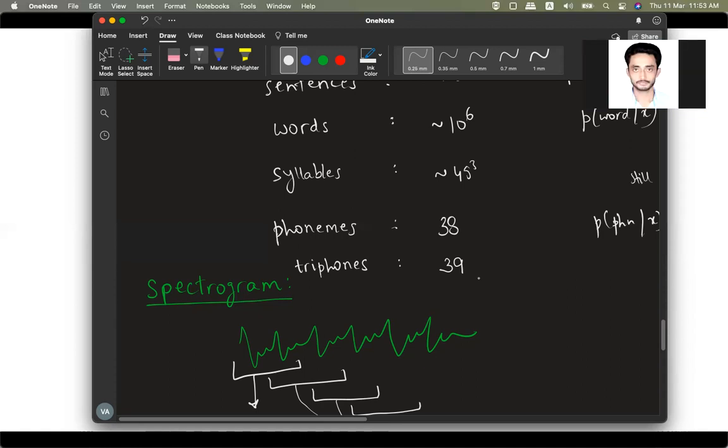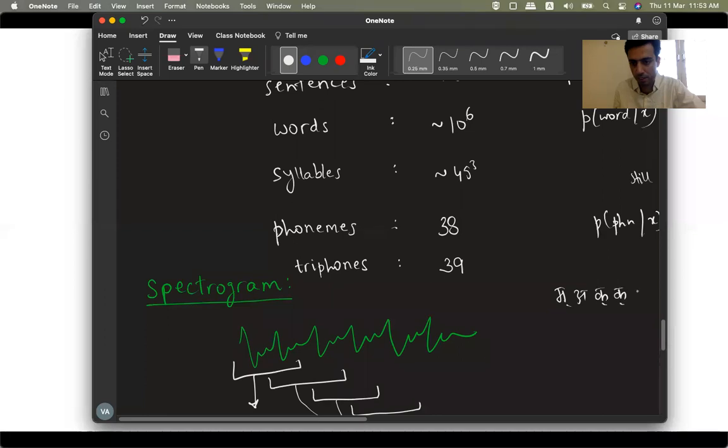But there could be repetitions also, like you have a word where double ka comes in Hindi, makkad, something like that. So in makkad you will have ma plus a plus ka plus ka plus da.